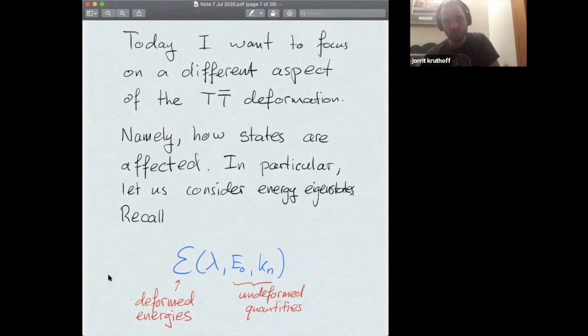In particular, how they mix amongst each other, and how this deformation deals with that. It's in some sense a step to understanding these complexifications in a bit more detail. Yes, that was part of the motivation to study these states.